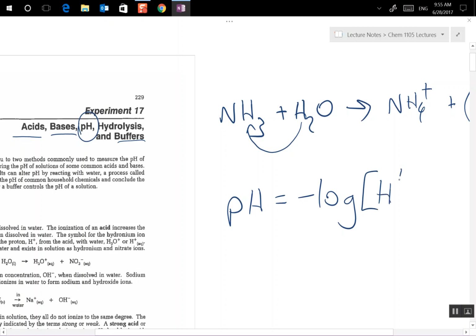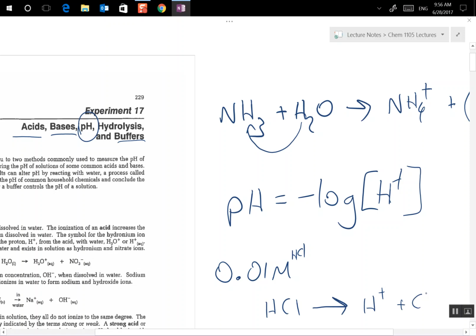So if I have a 0.01 molar solution of HCl, HCl is a strong acid. The definition of a strong acid is that it will dissociate, or break apart, 100%. So HCl will dissociate into H plus and Cl minus.